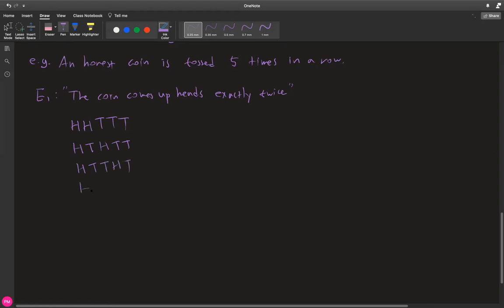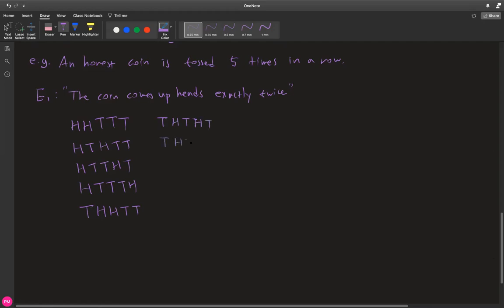You can have heads, tails, tails, tails, heads. And you can have tails, heads, heads, tails, tails. And tails, heads, tails, heads, tails.